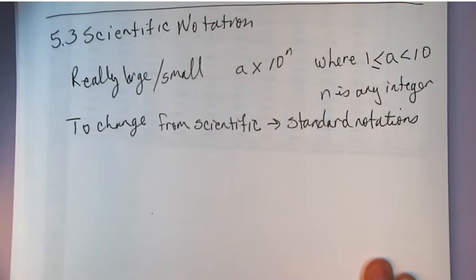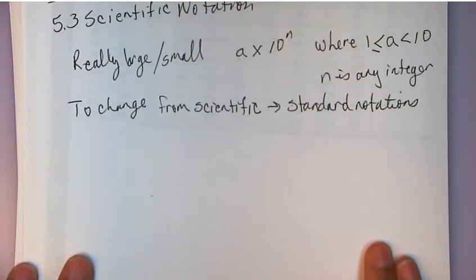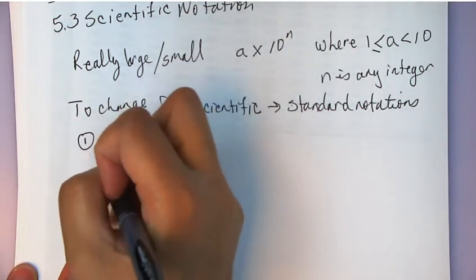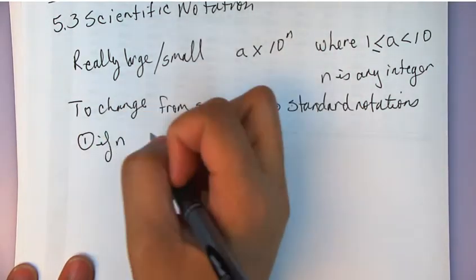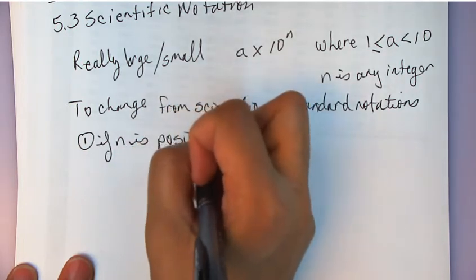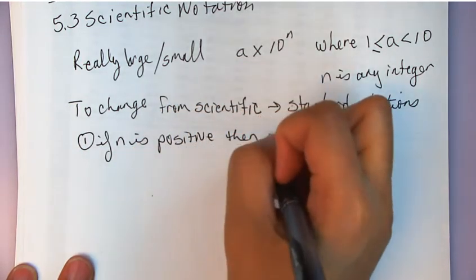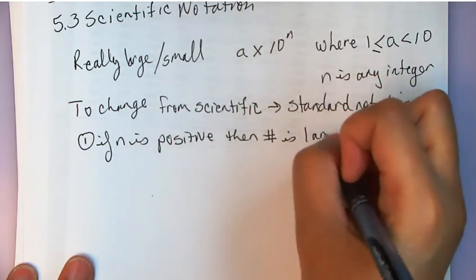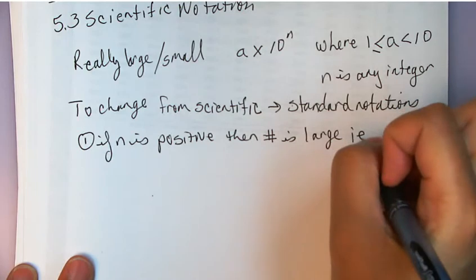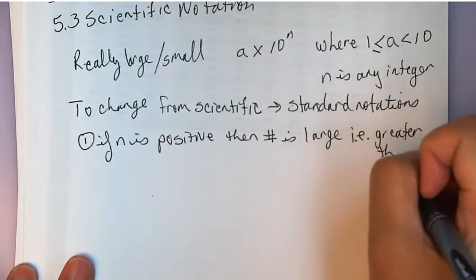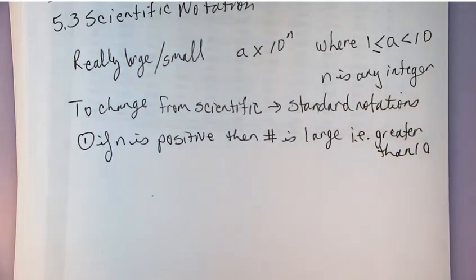To change from scientific notation to standard notation, number 1, if n is positive, then the number is large, in other words, greater than 10.